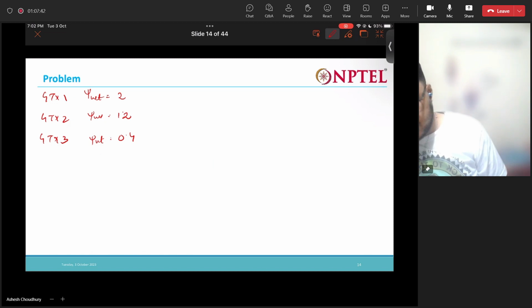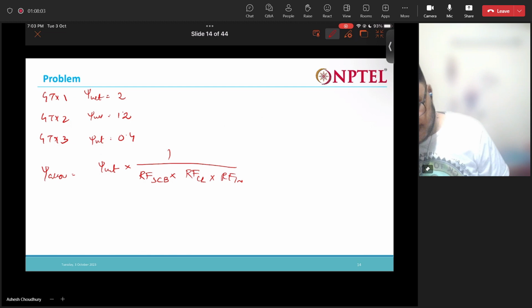Then these need to be converted to allowable values. So psi allowable is equal to psi ultimate times 1 by certain reduction factors: reduction factor for chemical and biological clogging, reduction factor for creep, reduction factor for intrusion.